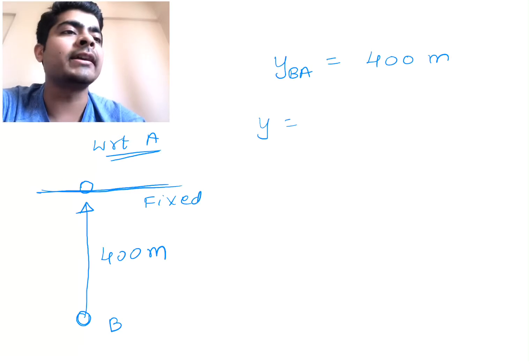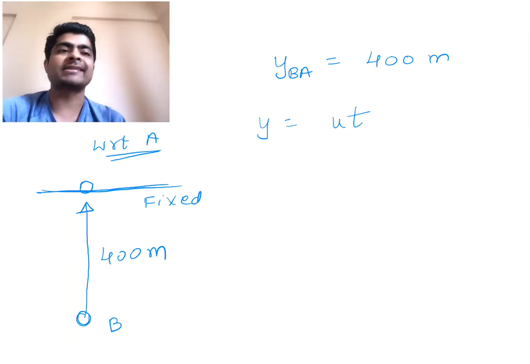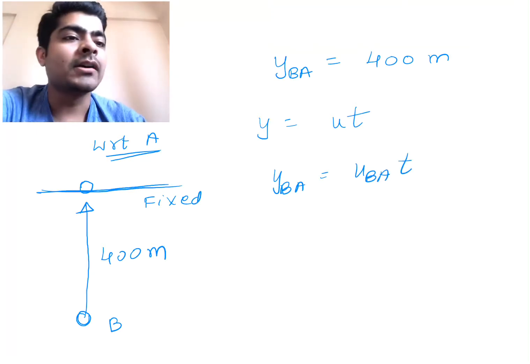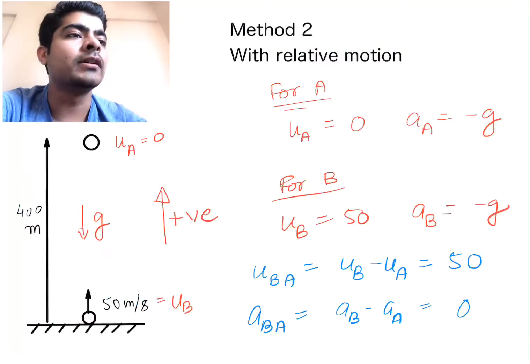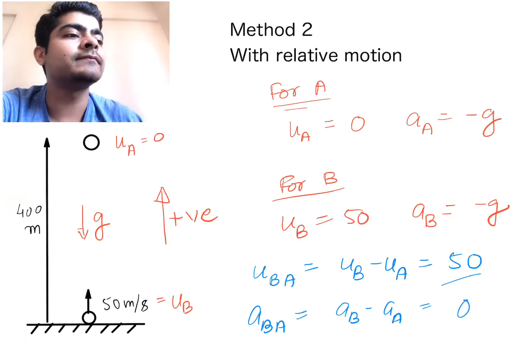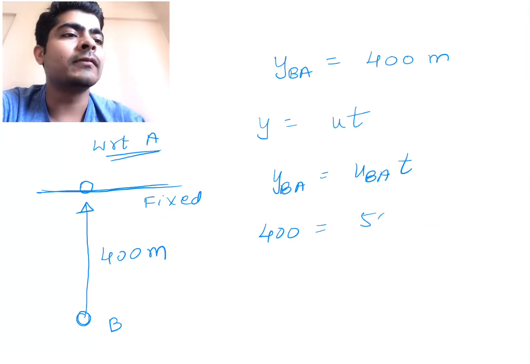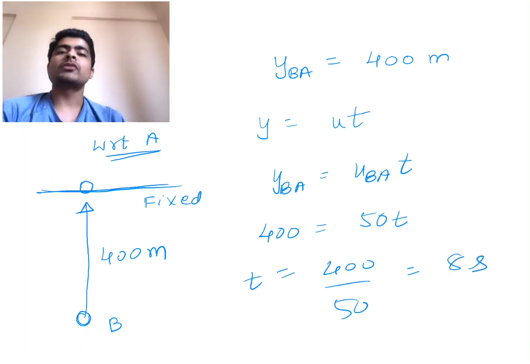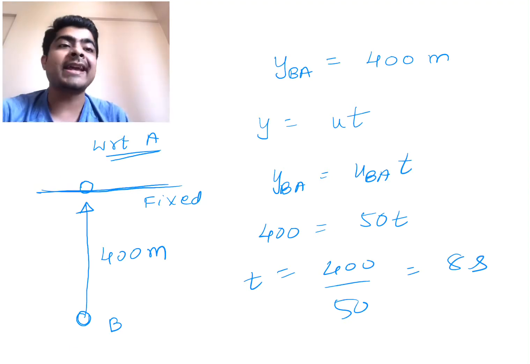Now y equals ut, acceleration is 0, so yBA equals uBA times t. So 400 equals 50t, or we obtain t equals 400 by 50 equals 8 seconds. So they will meet after 8 seconds.